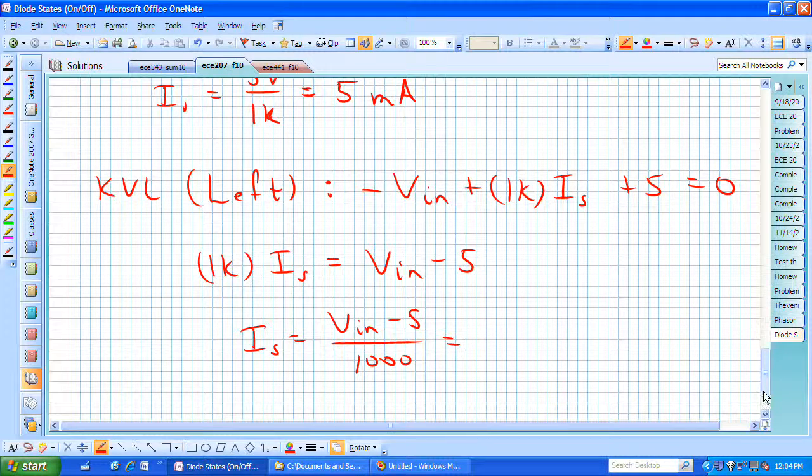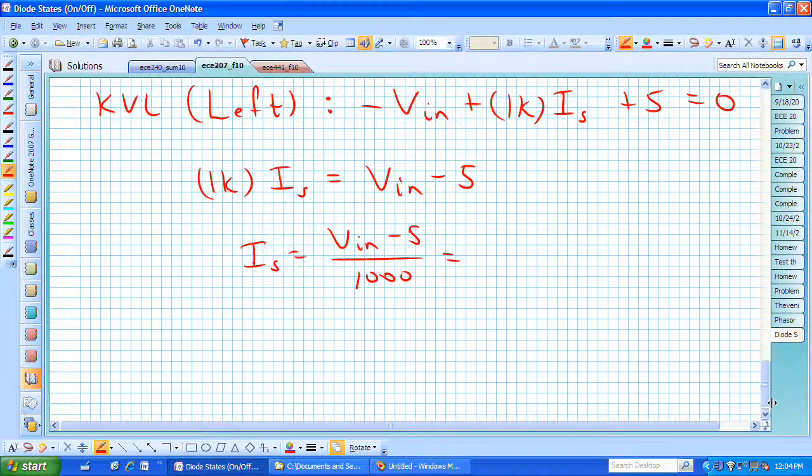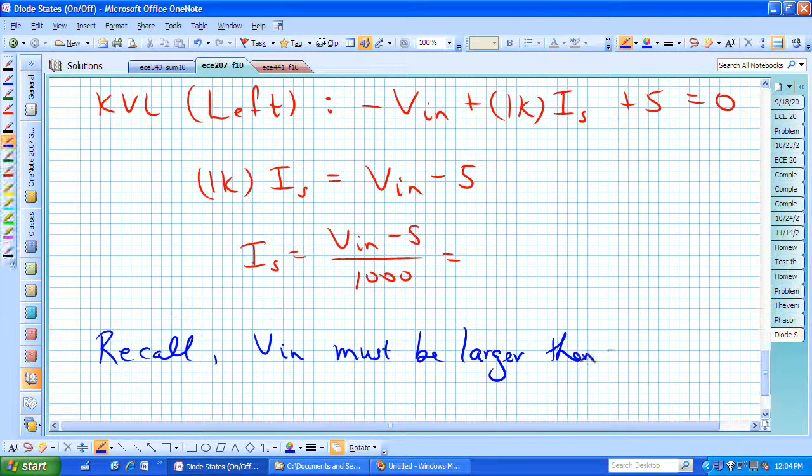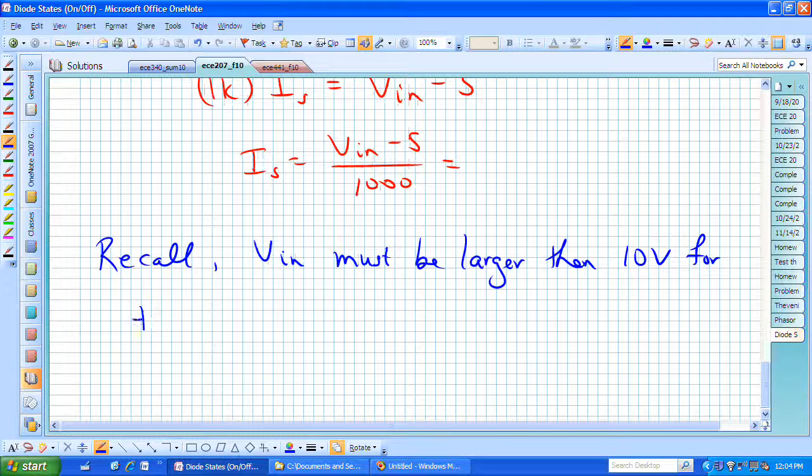But remember what condition we are in. We know that we need to have Vn bigger than 10, otherwise diode 2 is off. So we know, recall from what we've already done, Vn must be larger than 10 volts for this pattern to be true.